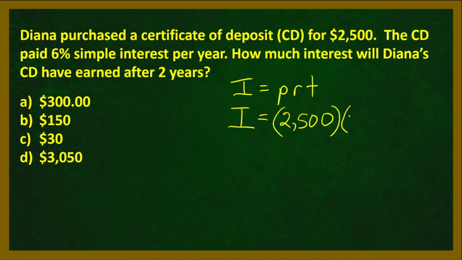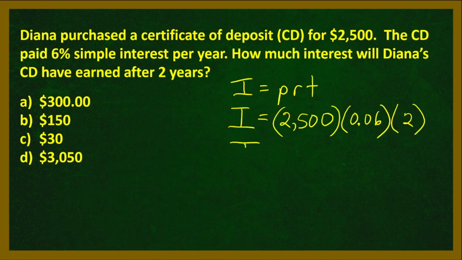So we're going to go ahead and convert that percentage rate into a decimal, which would be 0.06. That represents 6%. And the T stands for time. So that's the time factor that we're looking at, which is 2 years. So that T is 2.